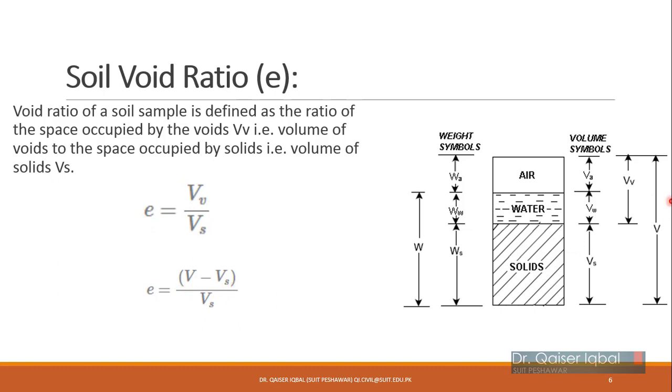So total volume, which is this, minus volume of soil solids will give you volume of voids. So void ratio can be written as V minus Vs divided by Vs. This is also the equation of void ratio commonly given in many books. You may come across this equation, but for the sake of calculation in the laboratory you will be using it in this form. So it's very simple. So moving on.